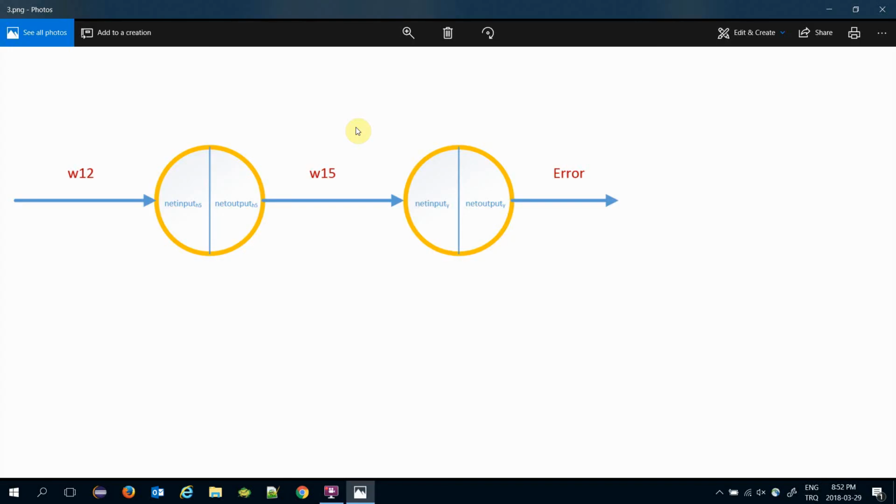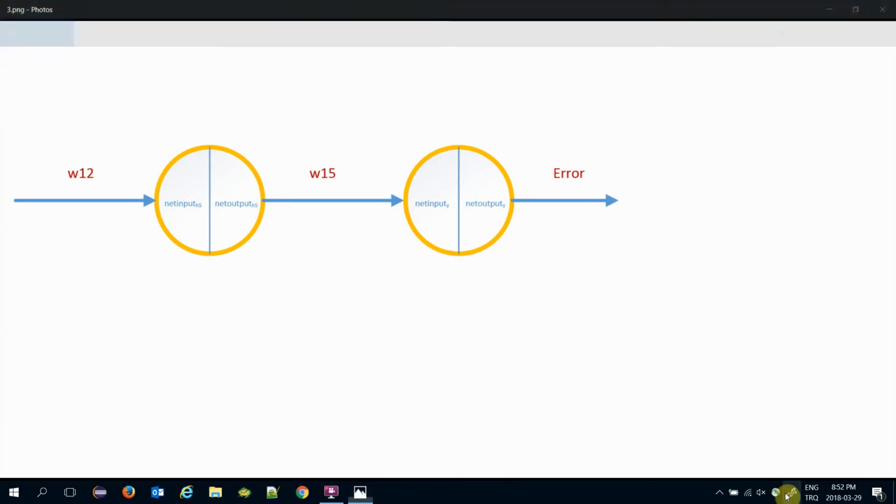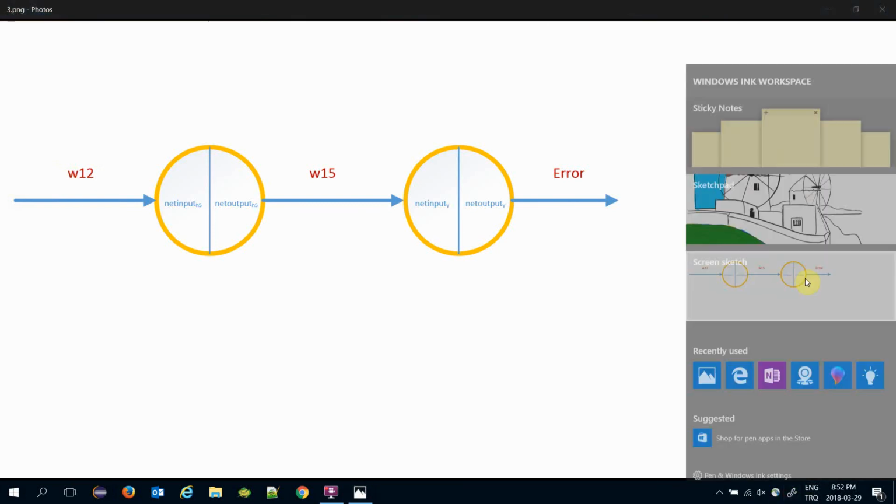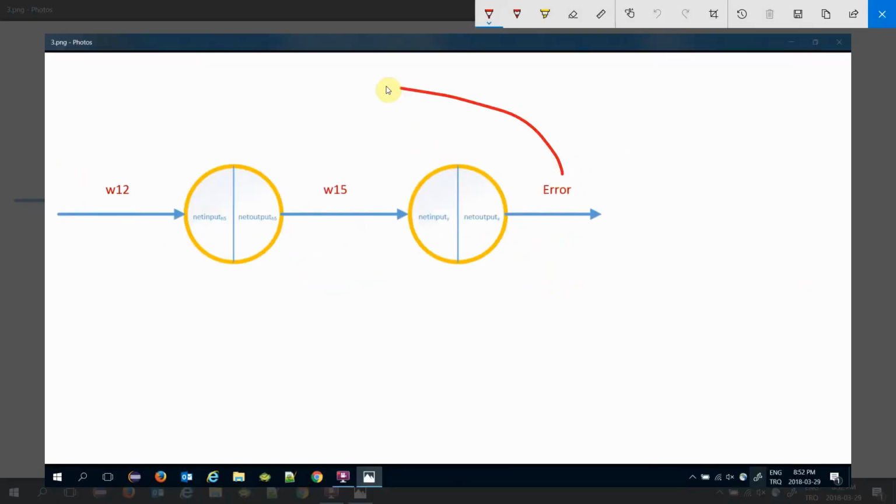We can also do this for W12. Here I have extracted related pieces for W12. In this case, again, we need to calculate the derivative of total error with respect to W12.